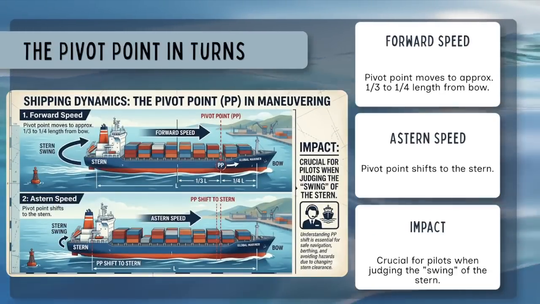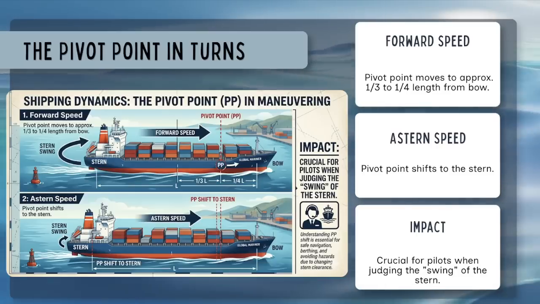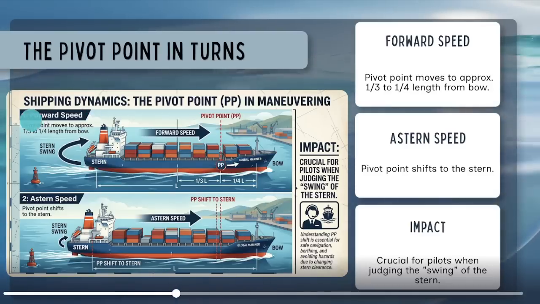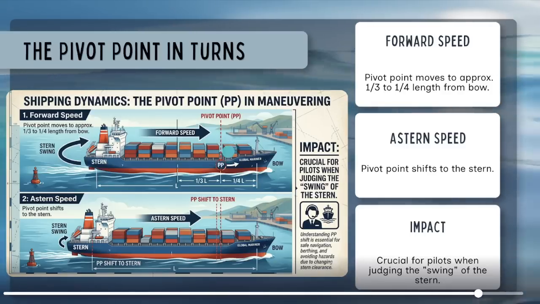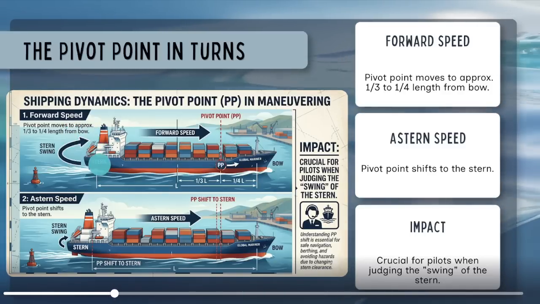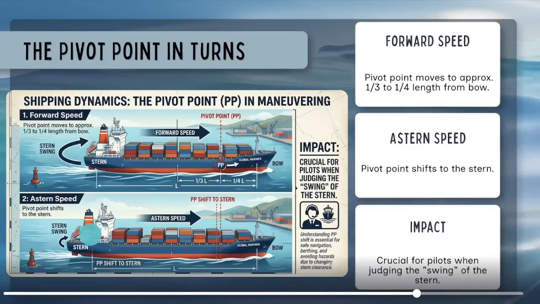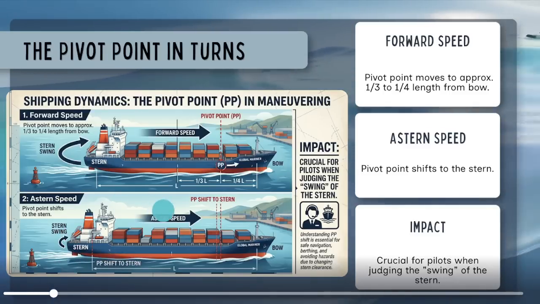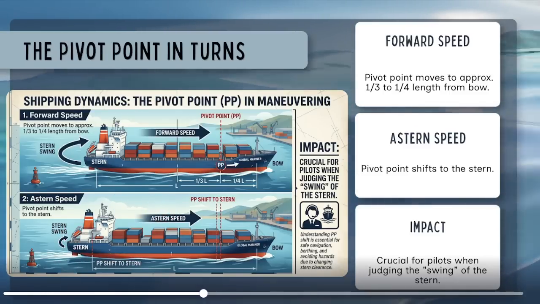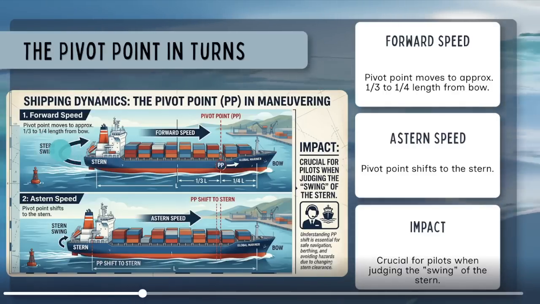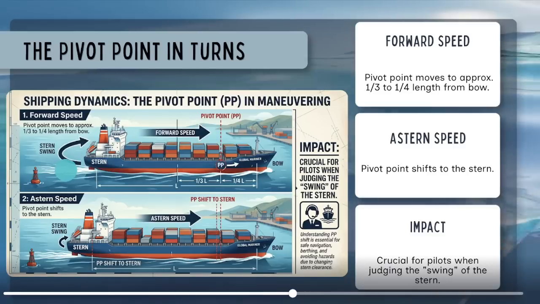I have here some pictures of the pivot points in turns. As you can see, we have the ship dynamics, the PP in maneuvering, with the forward speed and then the astern speed. With forward speed, the pivot point moves to approximately 1/3 or 1/4 length from the bow.